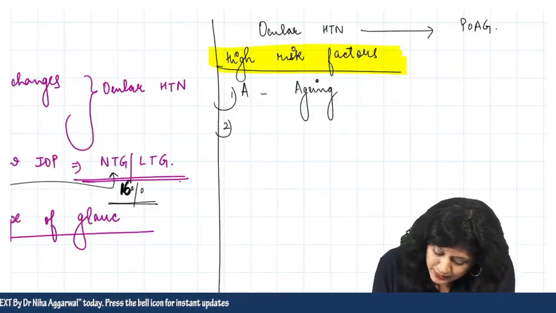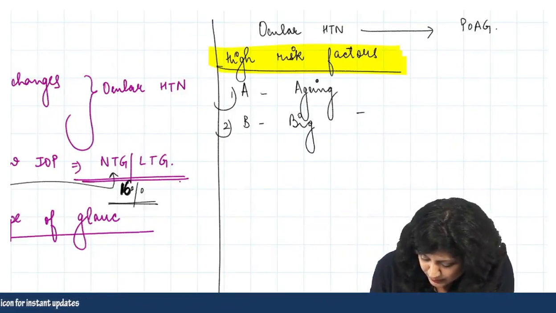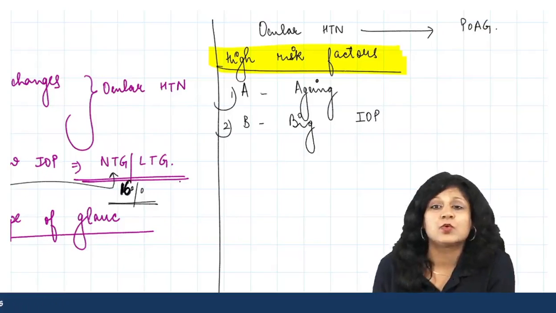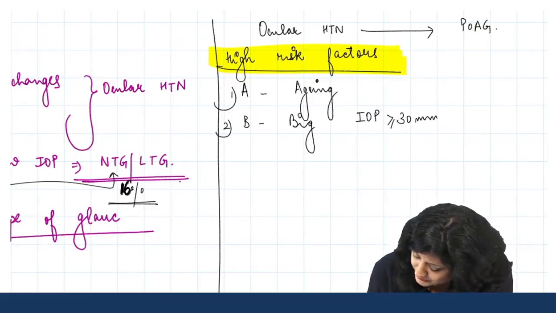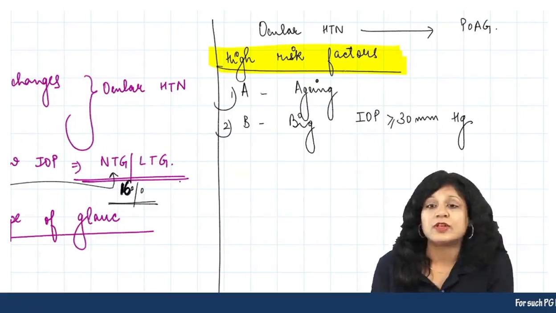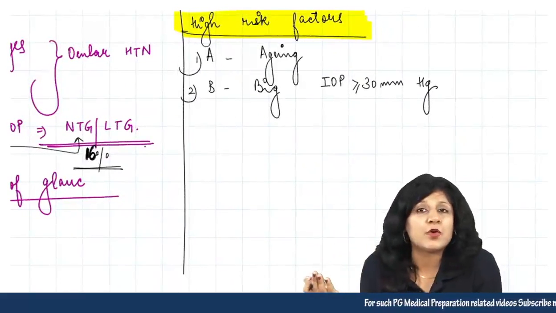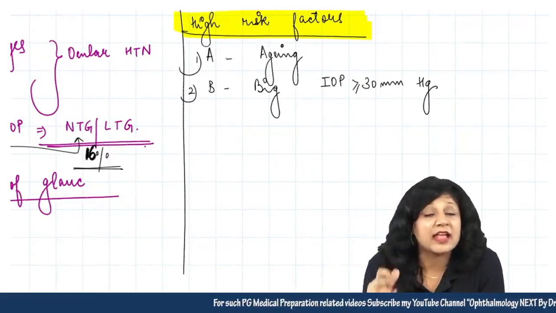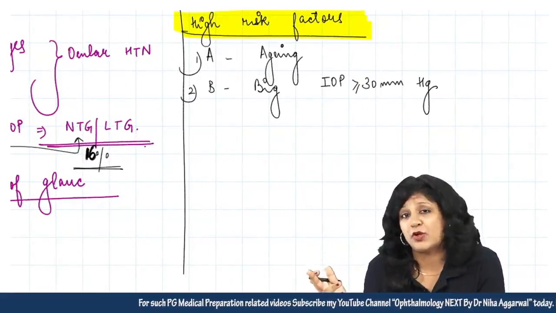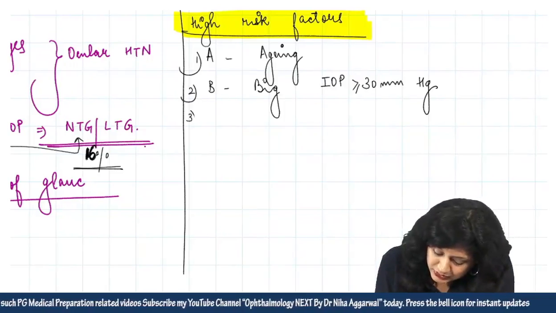Then B is big IOP. If IOP is more than 30 mm of mercury, whereas the normal range is 11 to 21 mm of mercury, again it's a high risk factor, and this person has more chances of getting converted into POAG.